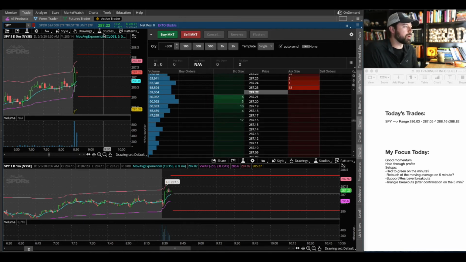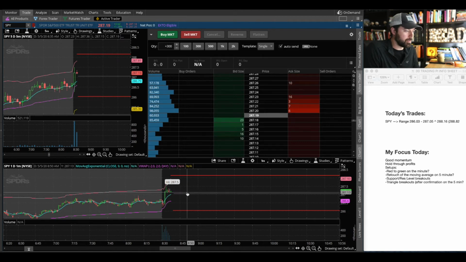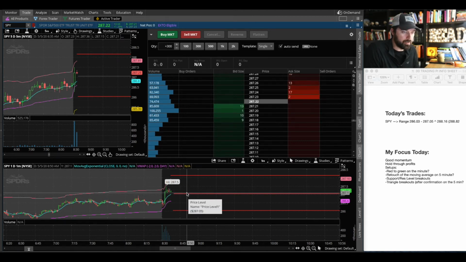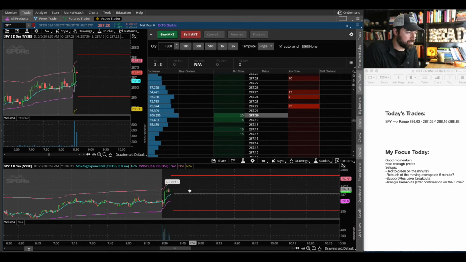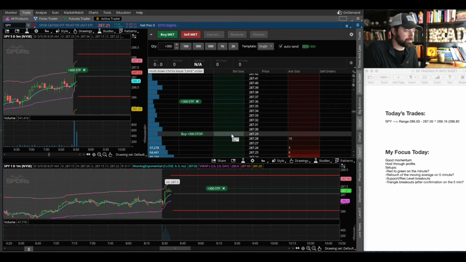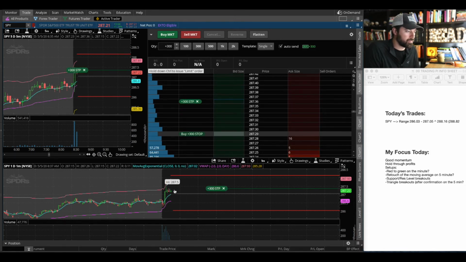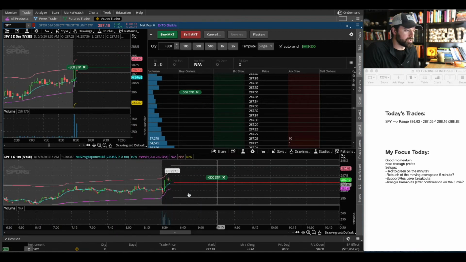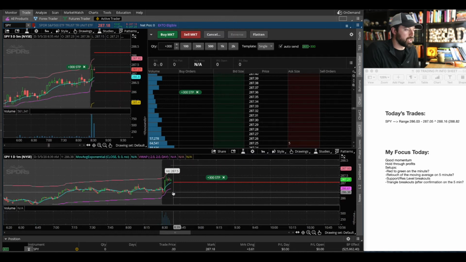The overall trend in the market, I should have covered this, and maybe I will in a second here. I'm just going to wait. This makes a new high, 287.36. Also want to see if this is going to be slow or not. So this is a bullish flag.